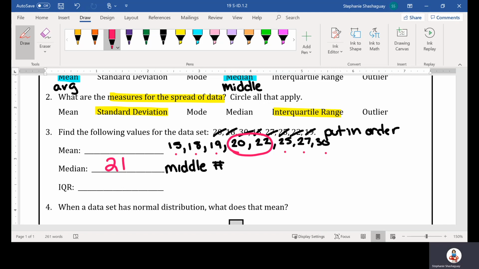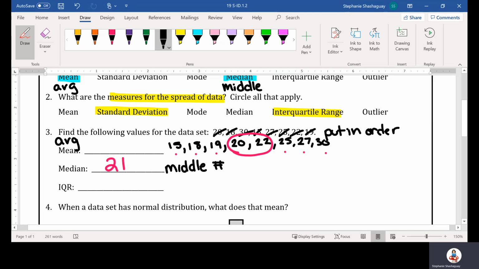To find our mean, that's our average, we would need to use our calculator, and we're going to add up all of these numbers together.